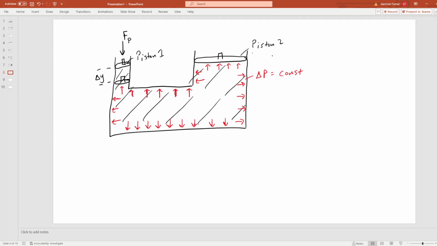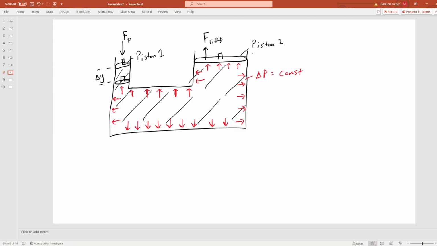If the original piston 2 was in equilibrium, then the original pressure from the fluid was counterbalancing its weight. And so this increase in pressure, this delta P, will actually cause an upward force. Maybe we should call it F lift.